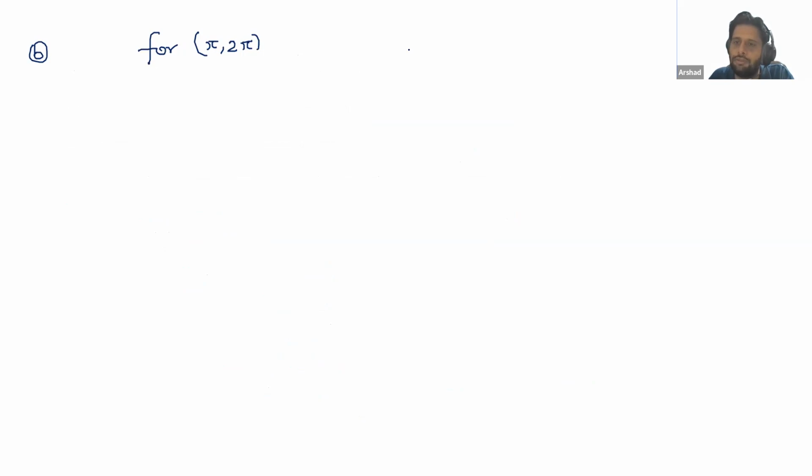This means the third and fourth quadrant, where this is pi and this is 2 pi. Can you tell me, for this interval pi to 2 pi, is sin x greater than 0 or less than 0? No, this will be negative, less than 0.